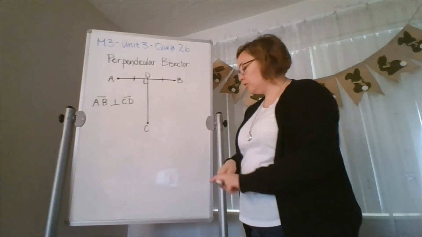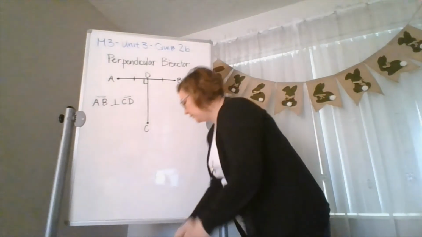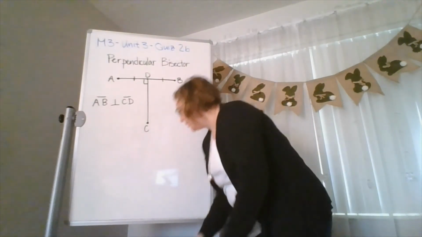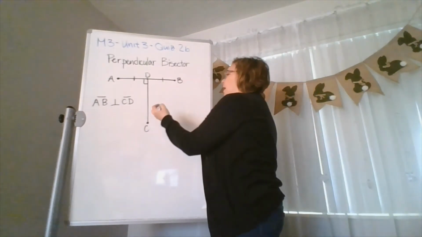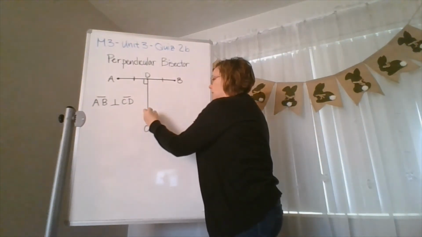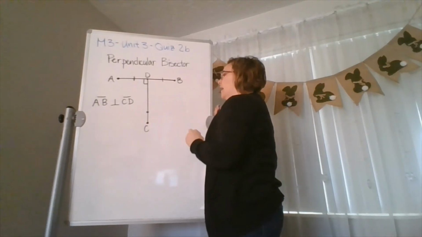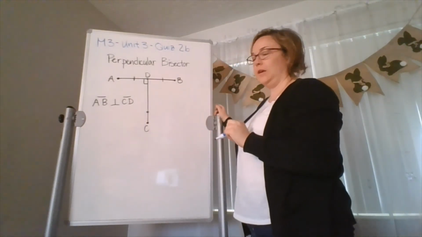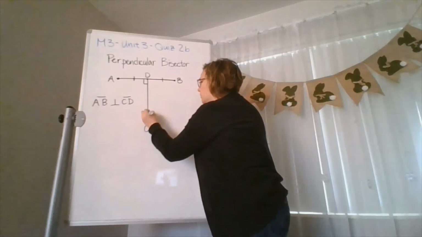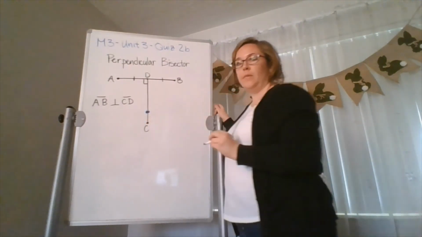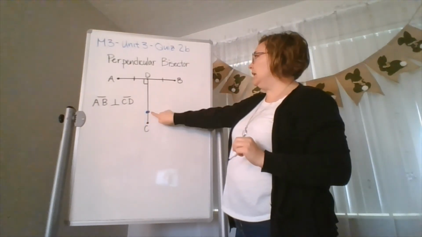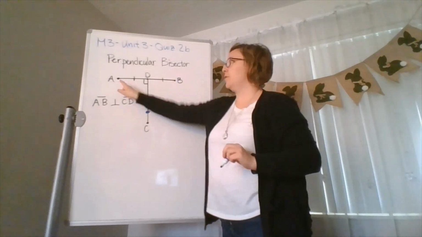So this is an interesting little phenomenon because a lot of times a question will pop up saying, if you have a point that is on the perpendicular bisector, I'll try to make it larger. Okay. Is this point equal distance from B and from A?